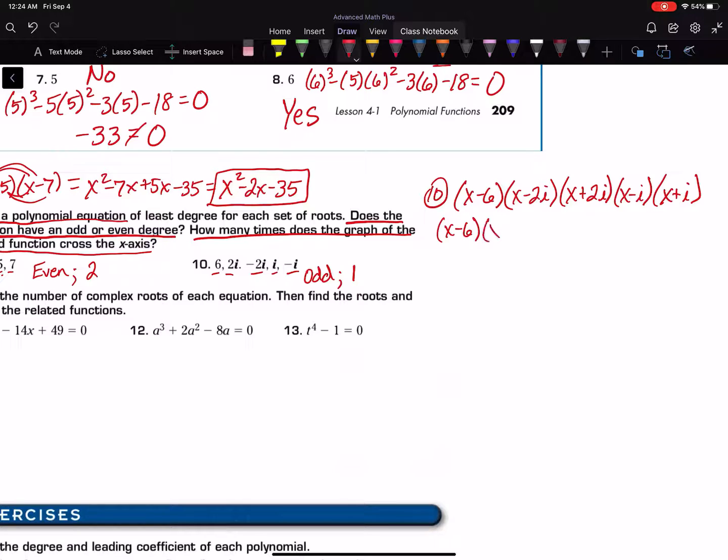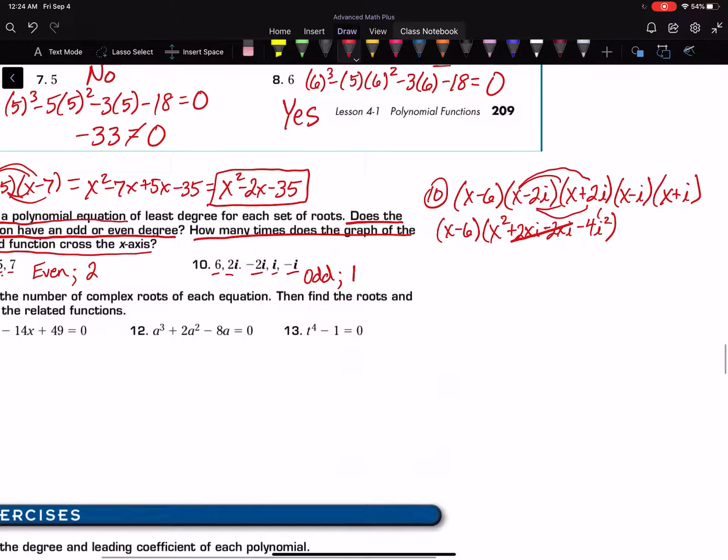So we're going to have x times x is x squared. x times 2i would be positive 2xi. Negative 2i times x is negative 2xi. And then negative 2i times 2i is negative 4i squared. And as I said, the i's cancel.